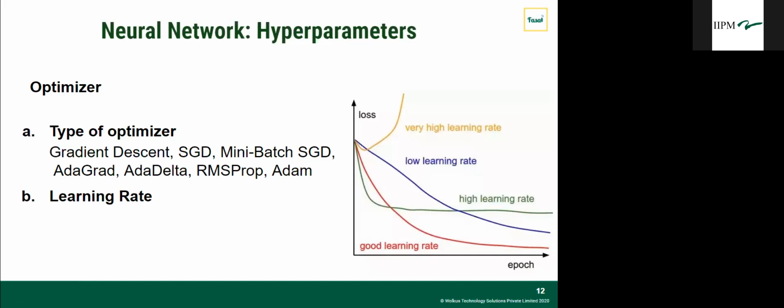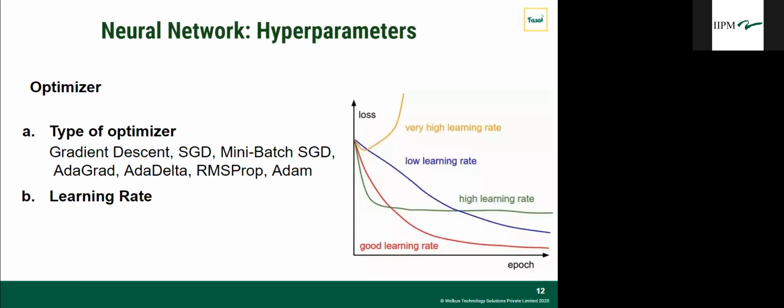If you have a very high learning rate, there is a good chance you will miss the minima. If you have a very low learning rate, you wouldn't know how many times you have to go back and forth, doing the forward and back propagation, before you could reach the minima of the loss function.